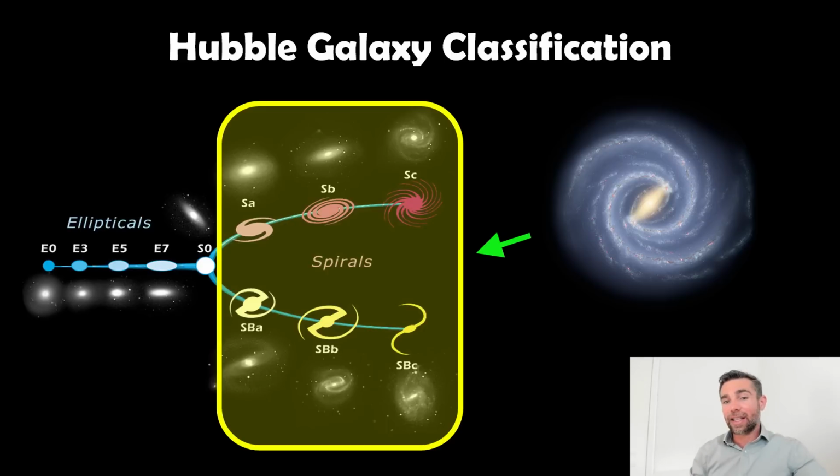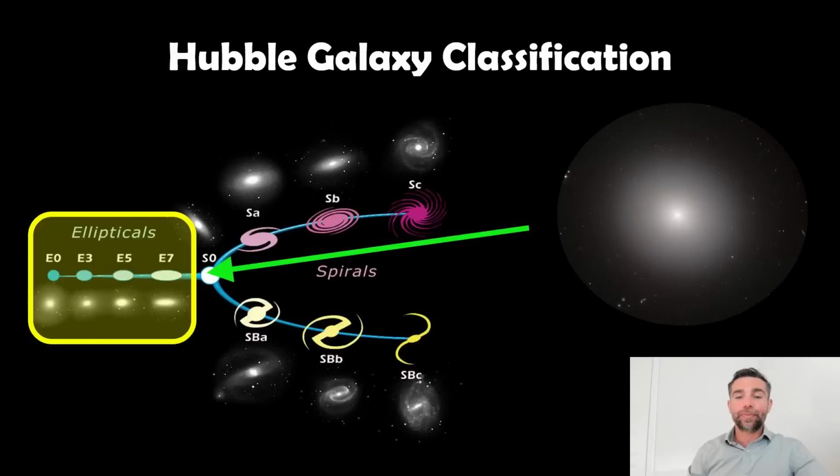These are disk-like galaxies, and they will evolve from the right-hand side to the left-hand side. Spirals get more tightly wound, and their gas gets depleted as they form more stars as they age. On the other side, you've got your ellipticals, and these are classified purely on their shape. So they could be basically round or spherical or more cigar shaped.